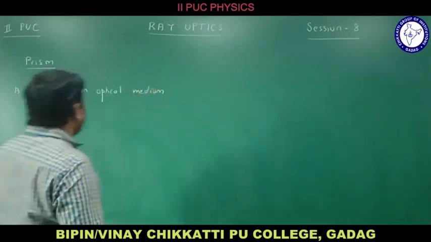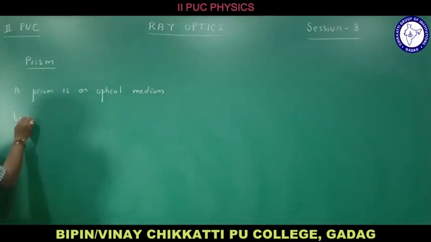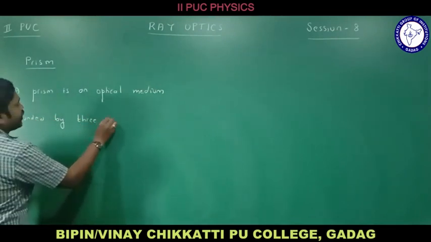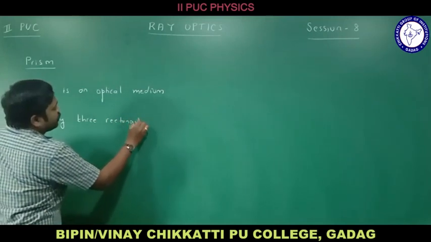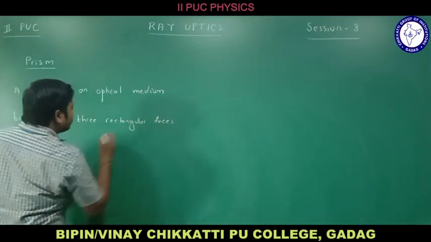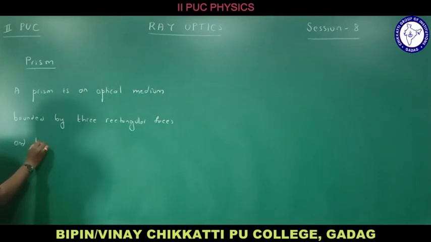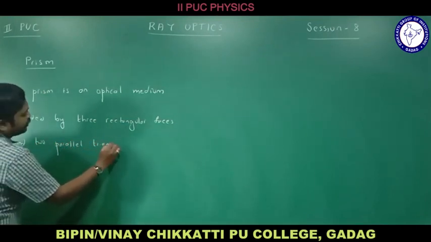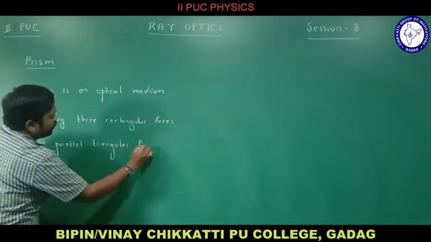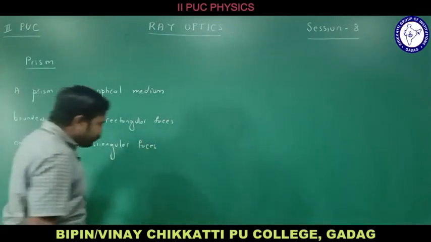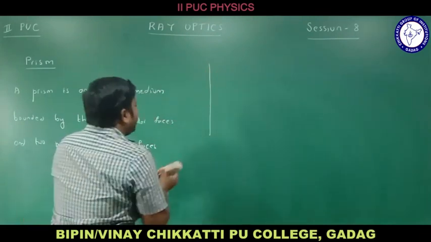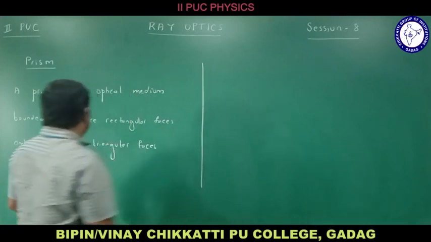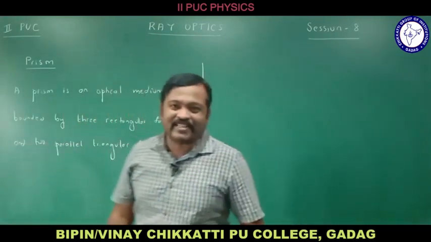A prism is an optical medium bounded by three rectangular faces and two parallel triangular faces. This kind of optical medium is called a prism.